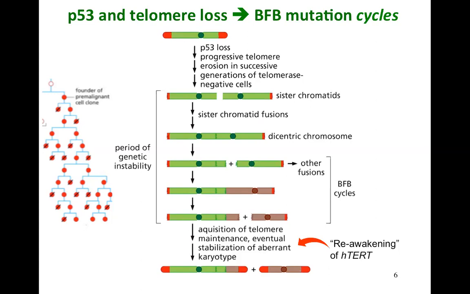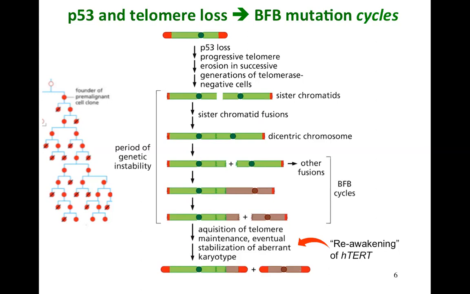And if the damage is repaired, then P53 activity is turned off, and then the cell cycle can resume, right? But just as long as there's damage, P53 is activated and the cell cycle is halted.